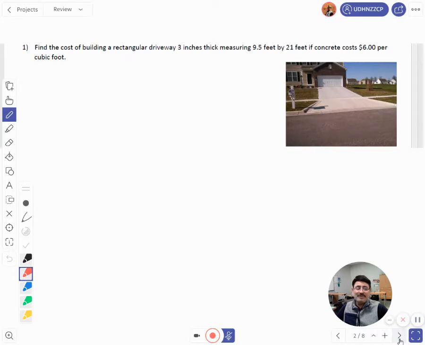The first question of the day. Find the cost of building a rectangular driveway. So you have a nice car and this is the rectangular driveway to park your car, so you can take it to the garage. Find the cost of building a rectangular driveway.